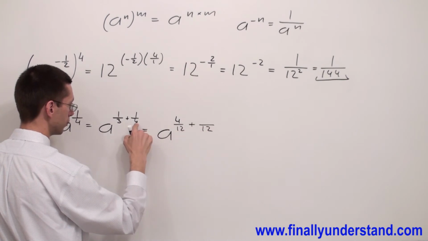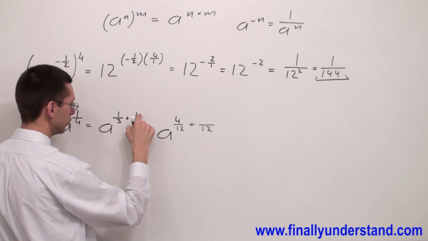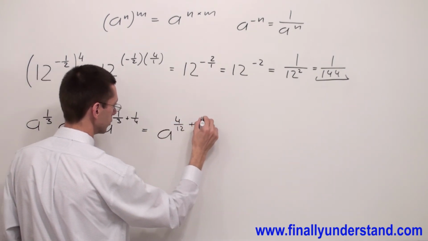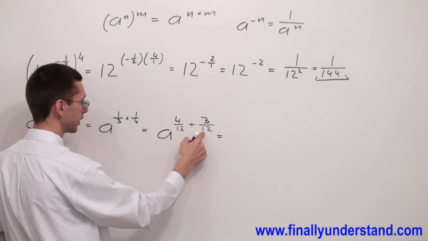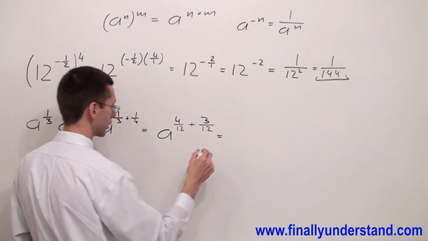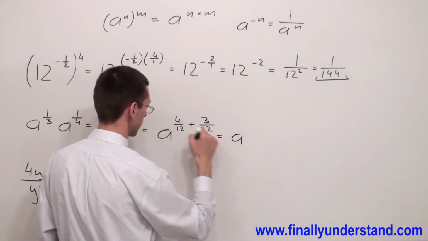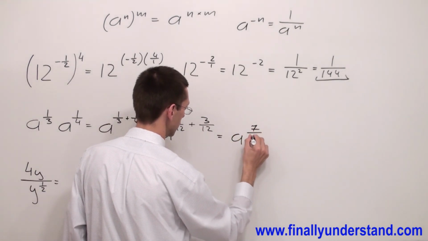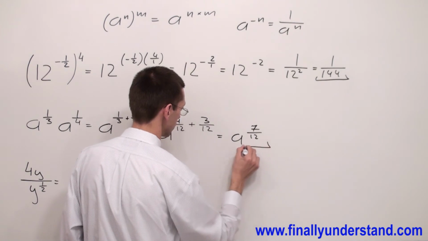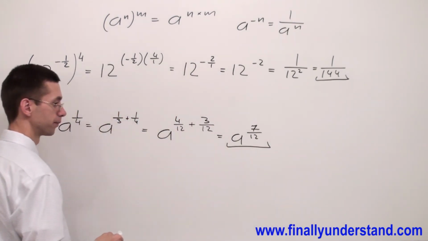So if I multiply the denominator by 3, I have to also multiply the numerator by 3. So this is going to be 3. Now I have a common denominator. I can add these fractions, and I have 4 plus 3 is equal to 7/12. This is the solution to this problem.